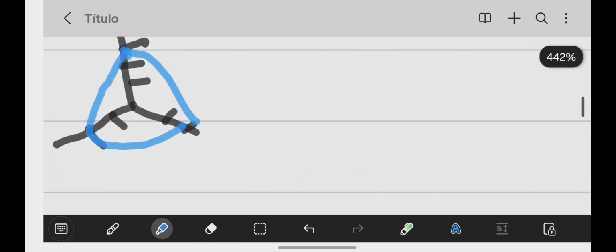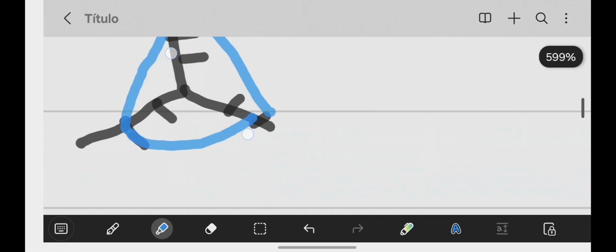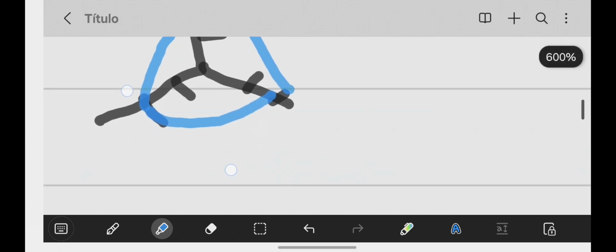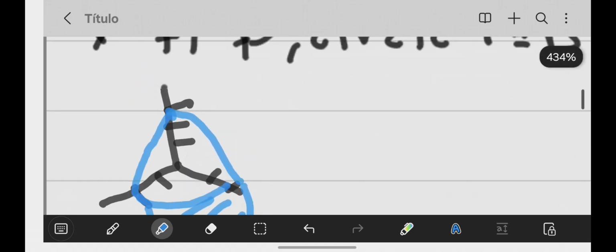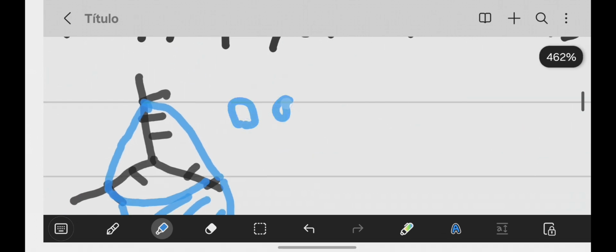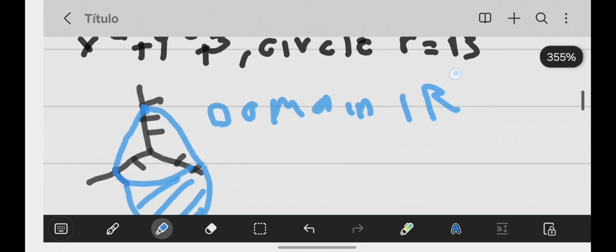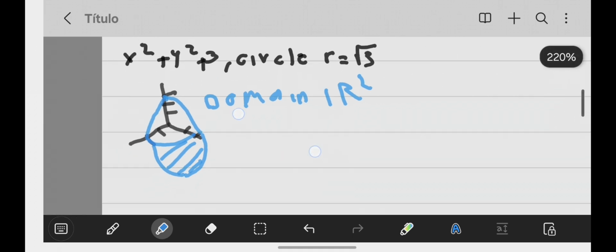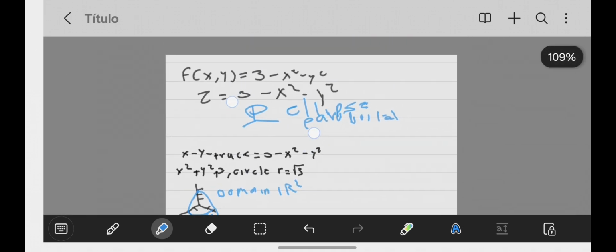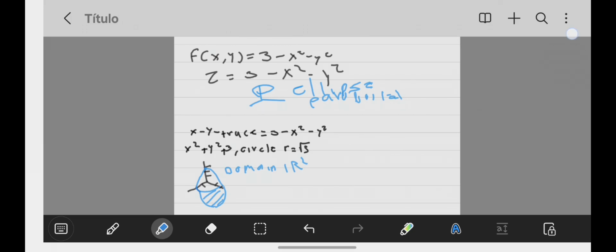So the domain is going to be all of R2. If you put in values for x and y, you get values below the xy plane. Now z takes on negative values.